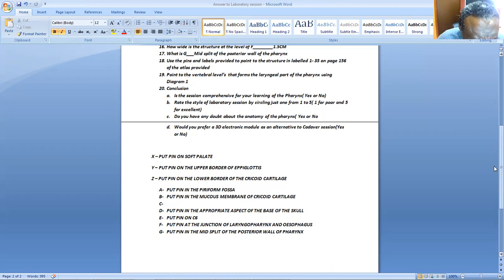A, B, C, D to G is also depicting where the pins or the arrows are, including the X, Y, Z. So with G, the mid split of the posterior wall of the pharynx. F is the junction between the esophagus and the laryngopharynx, and so on and so forth. So this is a fantastic session.